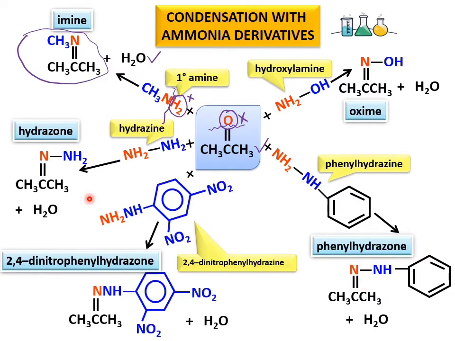Okay, next kita ada the biggest one. Wow, besarnya ammonia derivative dia kan. So kita ada 2,4-dinitrophenyl hydrazine. Ni nama dia 2,4-dinitrophenyl. So dapatlah 2,4-dinitrophenyl hydrazone. Ini dia punya produk. Same concept. Walaupun struktur dia besar gila ni, tapi kita fokus pada nitrogen yang bond pada 2 hydrogen.